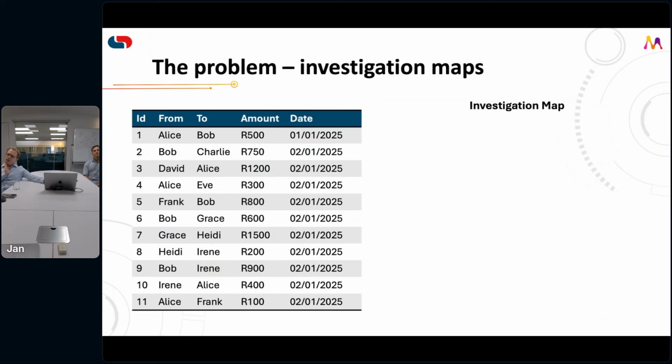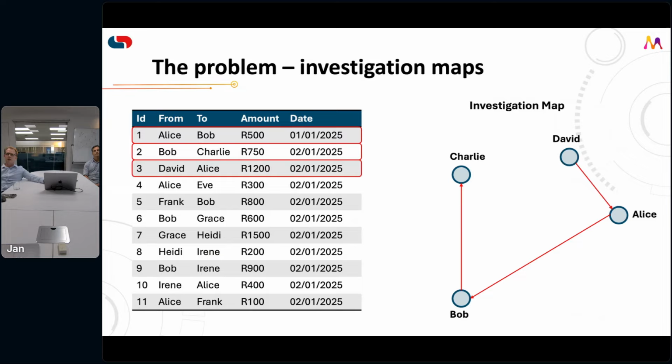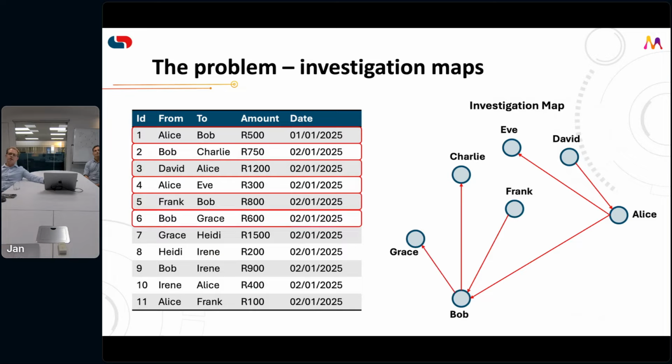Now, how a lot of banks try to do this is you have this thing called the investigation map. So the fraud specialists look at your transaction history for the different clients, and they actually map it. Alice paid Bob, Bob paid Charlie, David paid Alice, Alice paid Eve, Frank paid Bob, Bob paid Grace, and so forth, right?